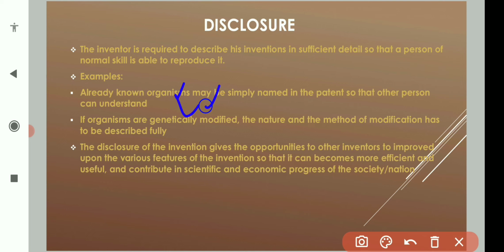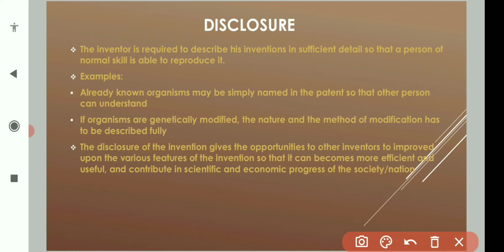If you are doing some genetic modification, some gene changes, you have to define the nature and method of modification, means which method you have used to modify the genes. The benefit of this disclosure is that the disclosure of the invention gives the opportunity to other inventors to improve upon the various features of the invention, so that it can become more efficient and useful and contribute to the scientific and economic progress of the society or nation.